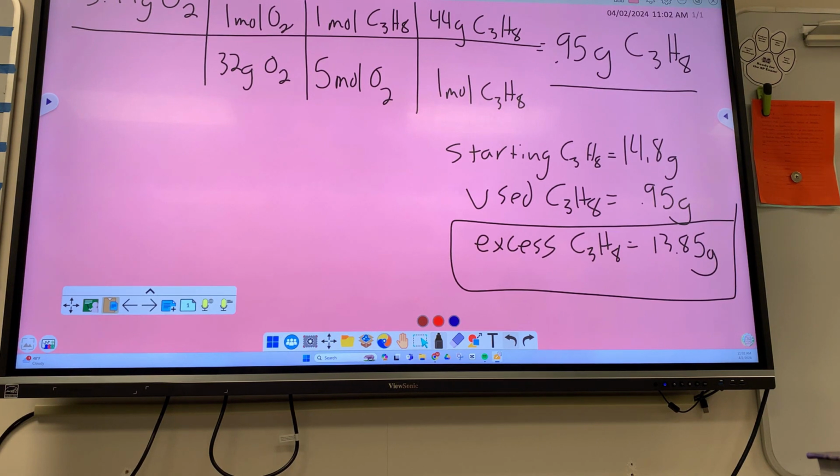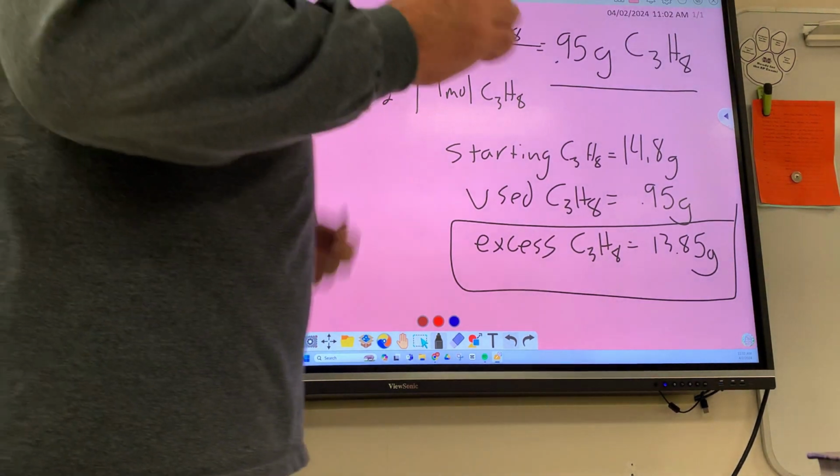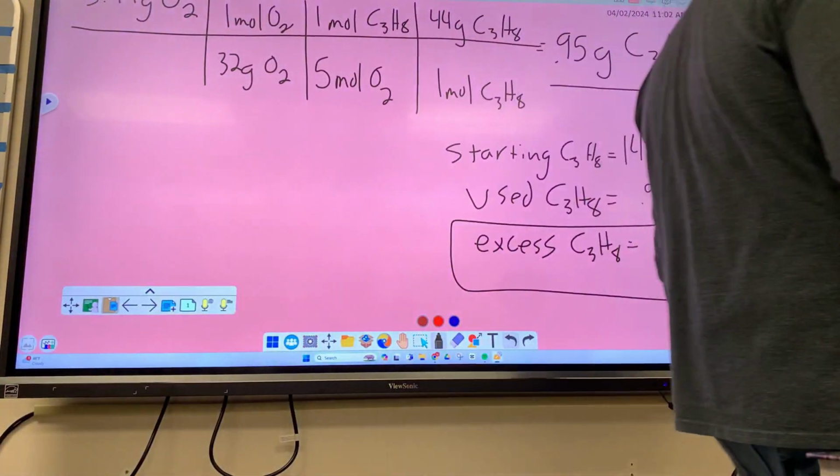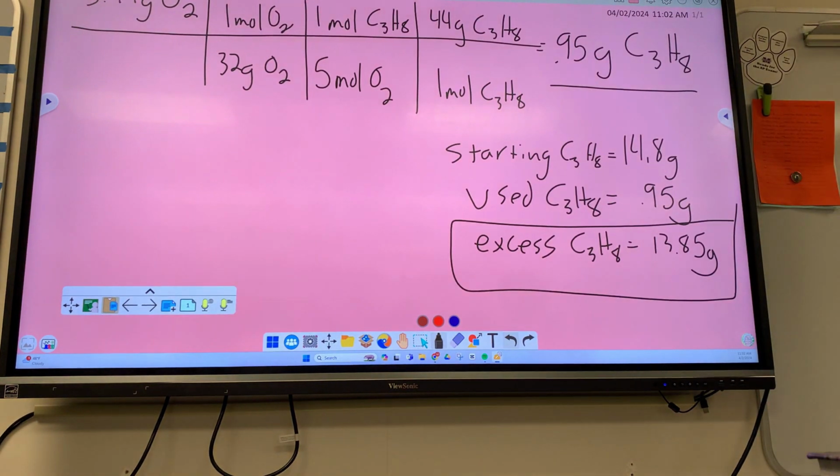And again, I want to reiterate, we haven't really learned anything new today. We haven't done any kind of crazy new T-chart thing. All we did was put together what we know and how we can use something like a T-chart, whether it's moles or mass or grams or whatever.